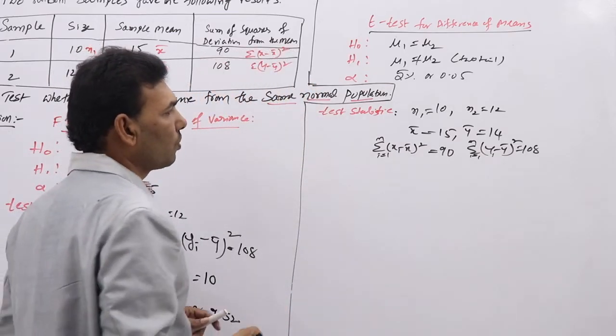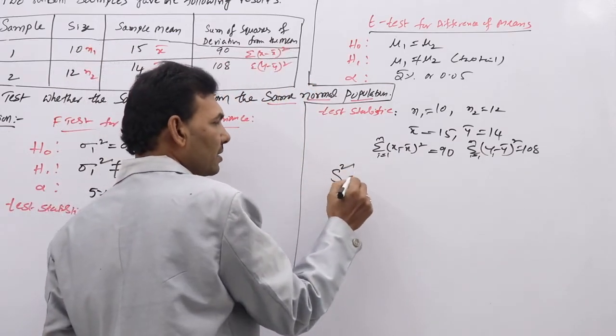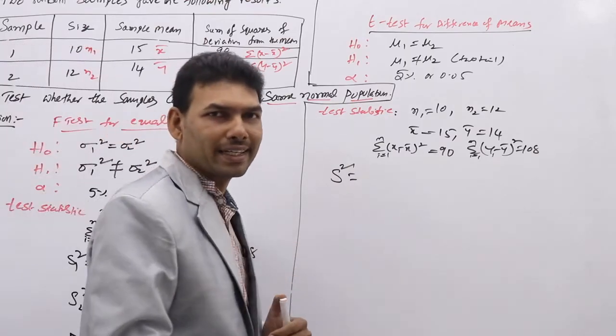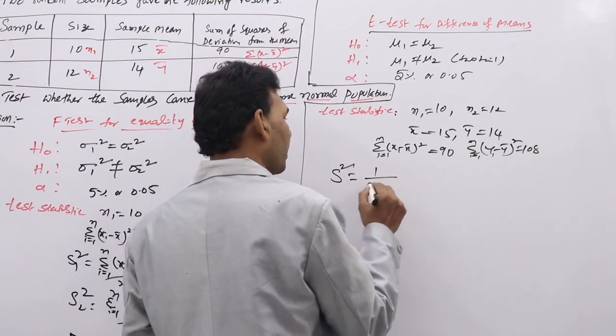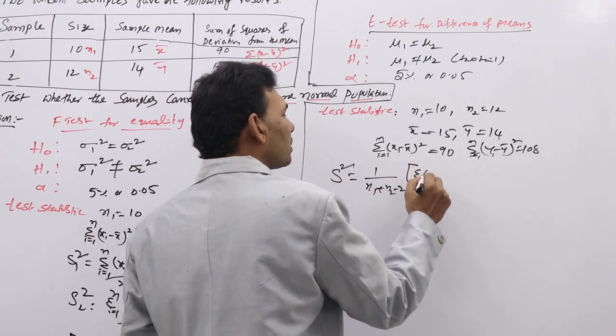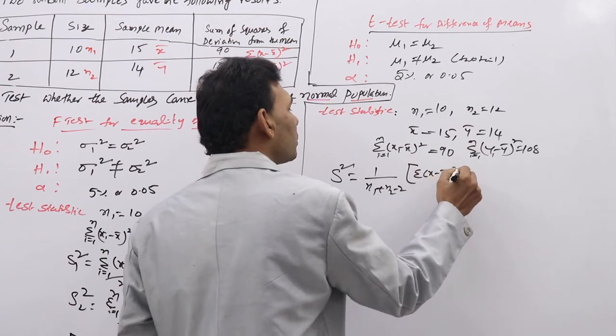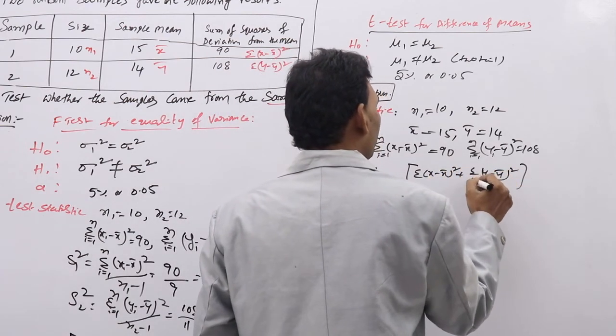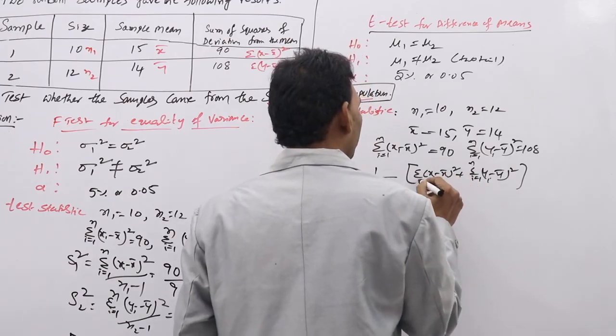So now we need to calculate S for finding the T calculated value. S square equals 1 by (n1 plus n2 minus 2) into [sigma (X minus X bar) whole square plus sigma (Y minus Y bar) whole square], i from 1 to n.